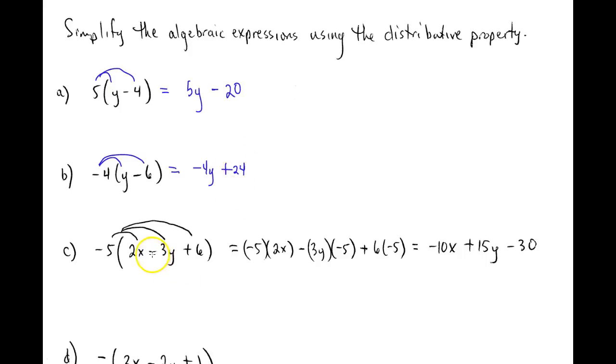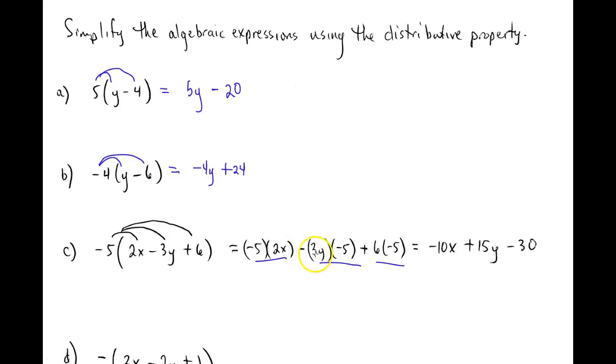For example C, we notice here that again we're just distributing -5 to all three terms, and we see that the first term ends up looking like this, second term like this, third term like that. And we have a -5 times a +2x is a -10x.